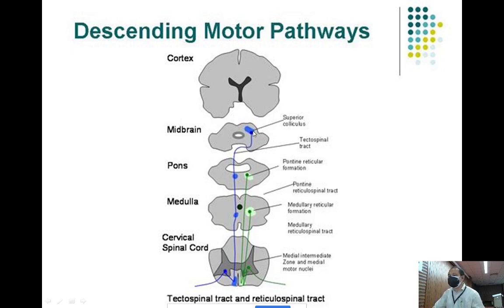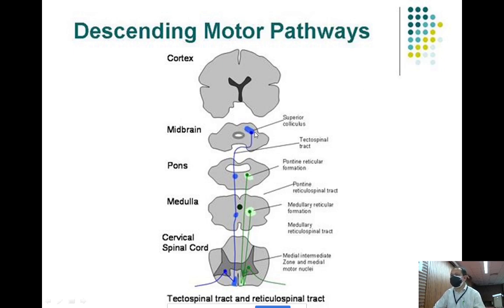You see that the tectospinal tract is another tract that originates from the midbrain, just like the rubrospinal tract. The rubrospinal tract takes origin from the red nucleus, but the tectospinal tract takes origin from the superior colliculus, sometimes called the tectum.